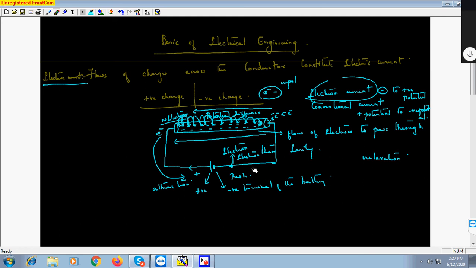This is how the electron moves from negative potential to positive potential. There will be collisions between the electrons, and the time between two successive collisions we call relaxation time. So this is how electrons flow from negative potential to positive potential. Okay, take down this.